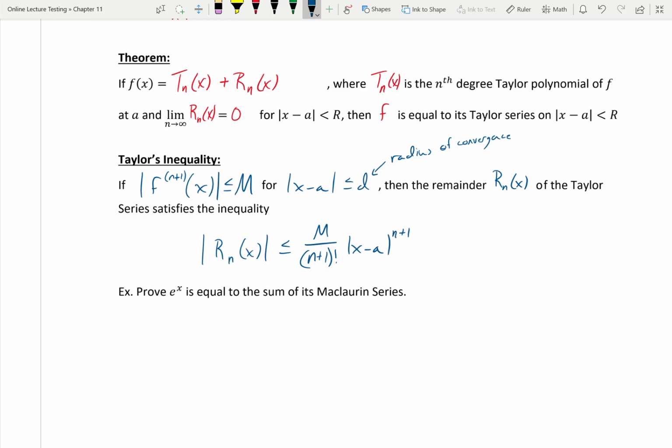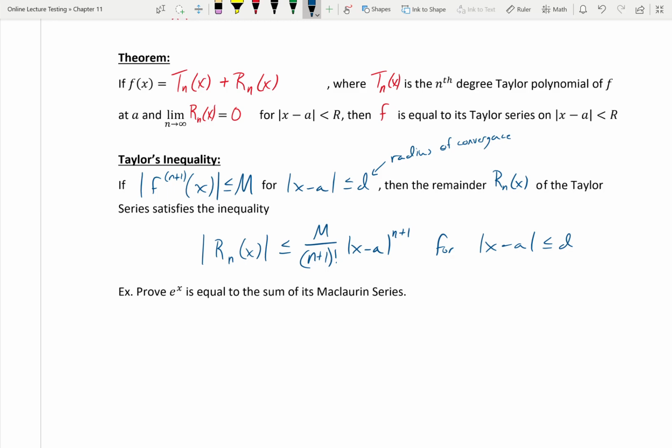Notice this looks very similar to the alternating series estimation theorem, where we talked about the remainder of a series, s minus s sub n, is less than the (n plus 1)th term. That's what we're associating with this. All right, so that's that similar principle, for the absolute value of x minus a less than or equal to d.